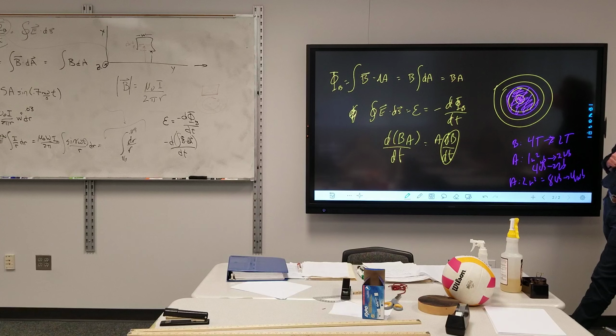I guess for each spot on that diagram, if the field changes and the area is the same, then the flux would decrease by some constant, the same for all of them?